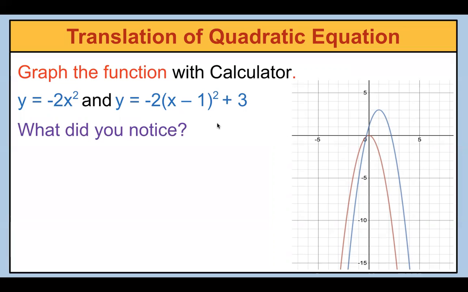I want everybody to remember how the vertex form of the quadratic equation looks. Negative 2 is the coefficient of x squared, and in front of the parentheses you see this coefficient, the same, right? Negative 2. Why is this not x squared? Look here, you have a square here.